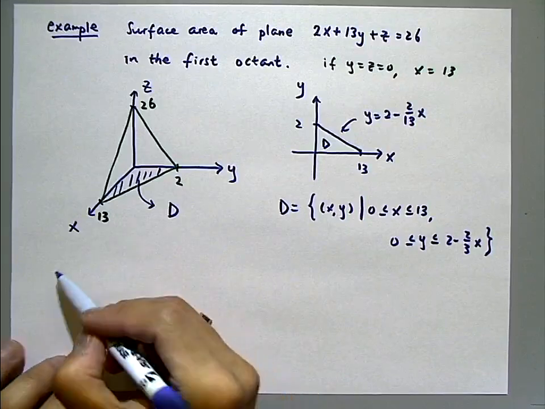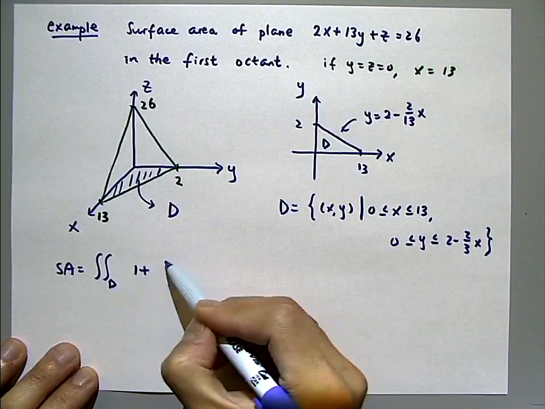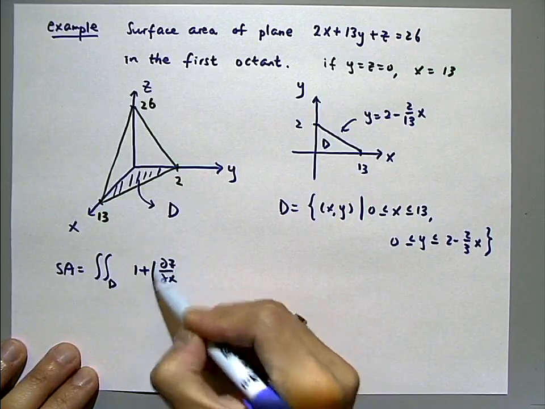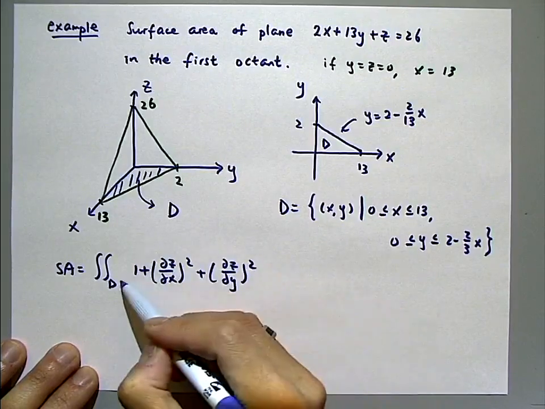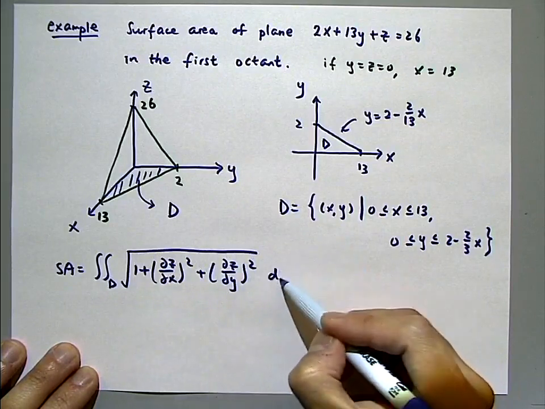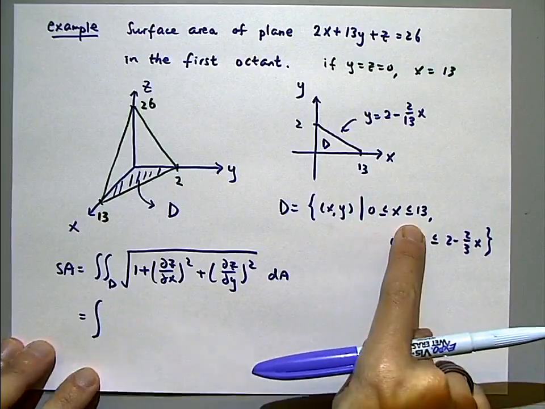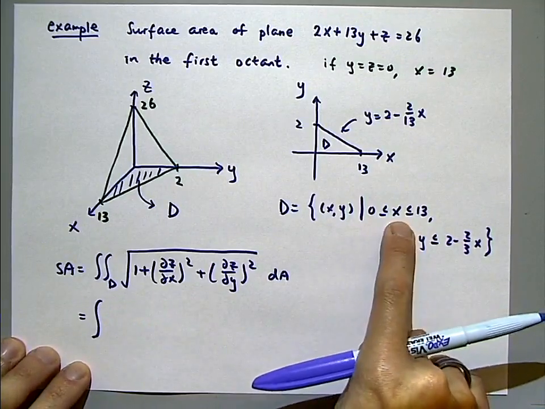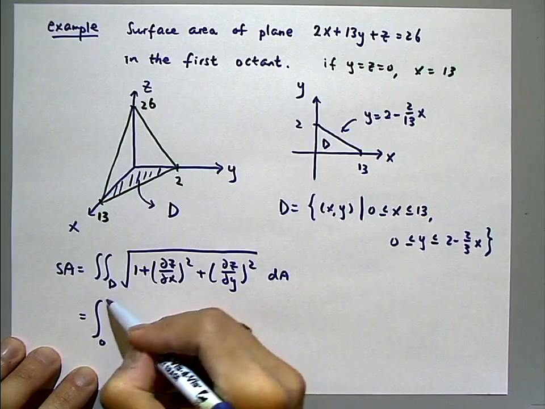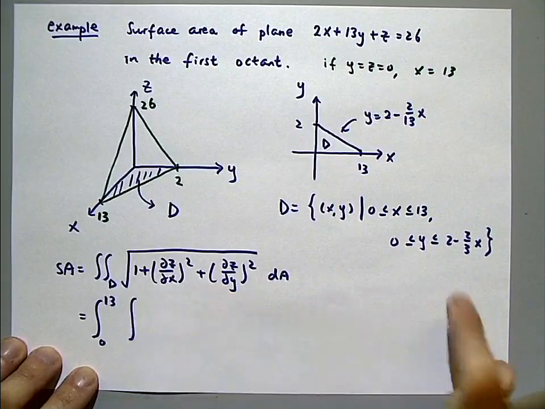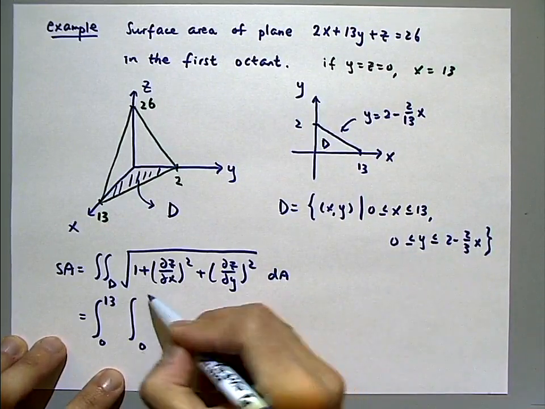Okay, now the surface area. Double integral over D, the square root of 1 plus partial z partial x squared plus partial z partial y squared, dA. Once again, the variable bounded by constants has to happen last: 0 to 13. The variable bounded by non-constants has to happen first.